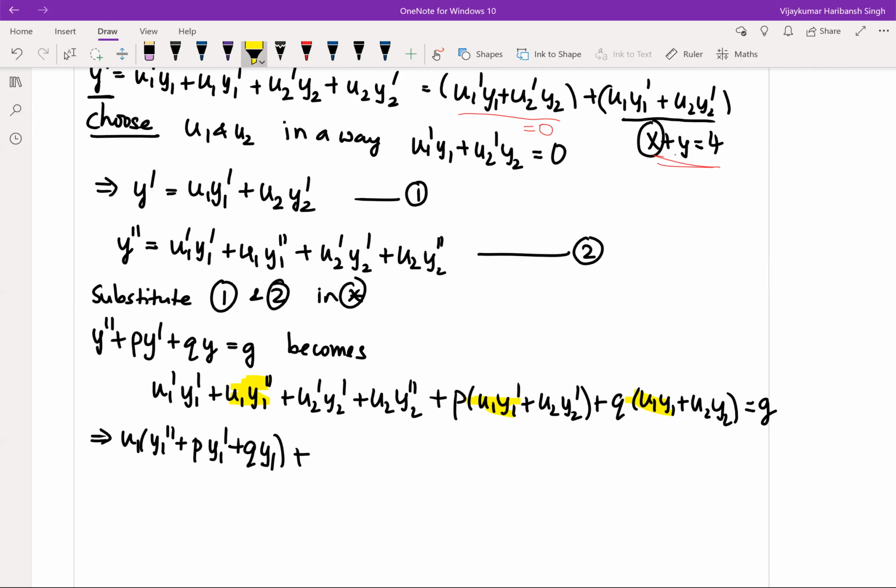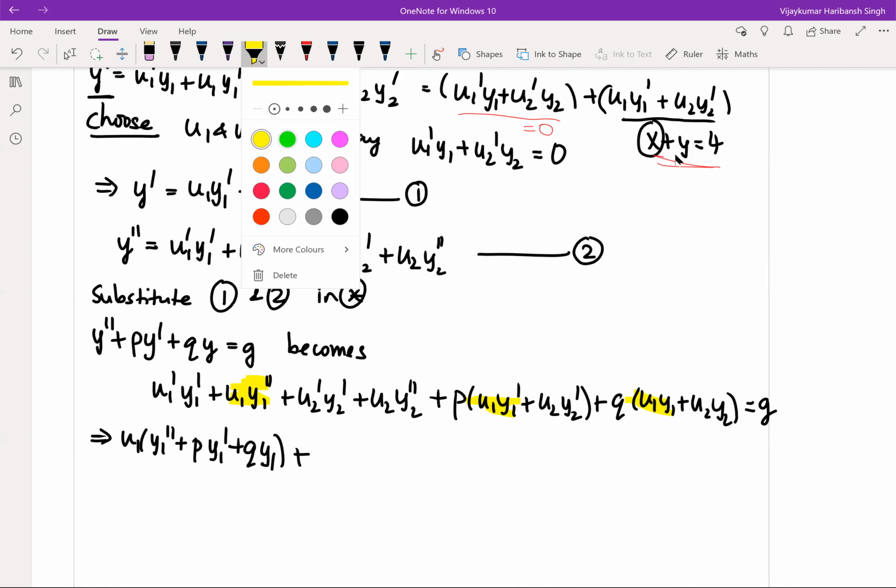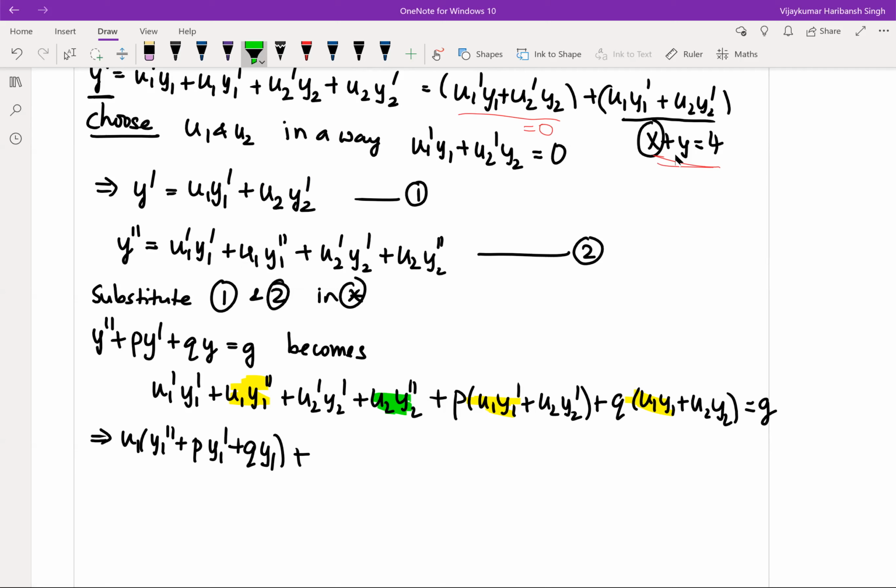Similarly, we can organize these terms together as well. Which terms? We'll take this term and this term together. So what do we get in that case? We get u2 times y2 double prime plus p y2 prime plus q y2.